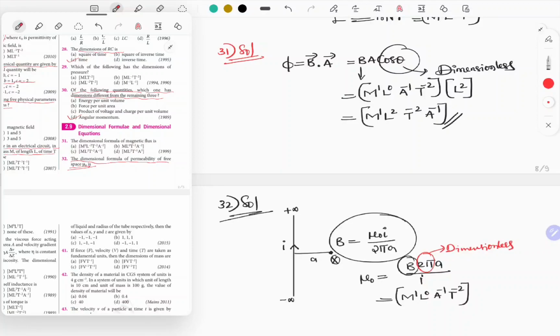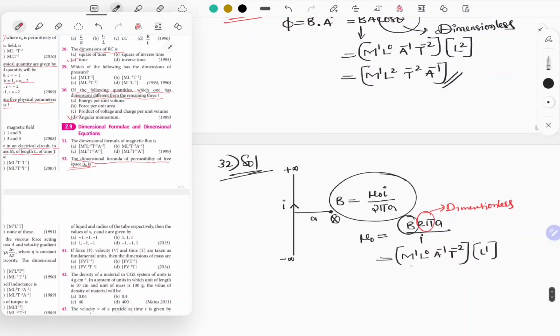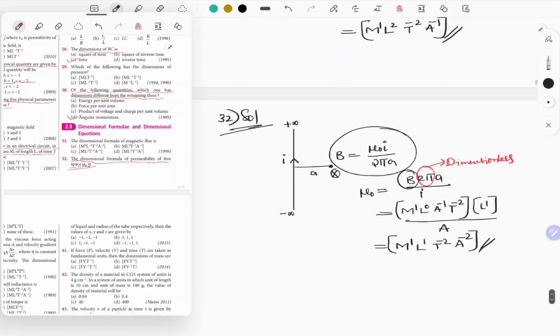Now I am left with A, which is a distance, so it is L power 1, divided by current, which is represented as A. So the final dimensional formula you are going to get is M power 1, L power 1, T power minus 2. If A goes to the numerator, it becomes A power minus 2. So this is the dimensional formula for mu naught.